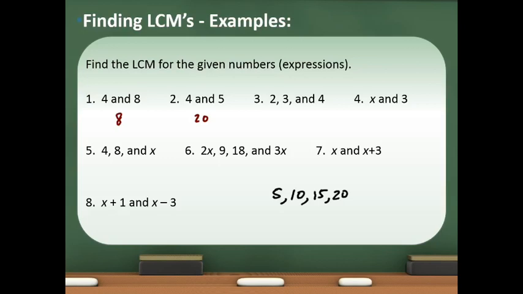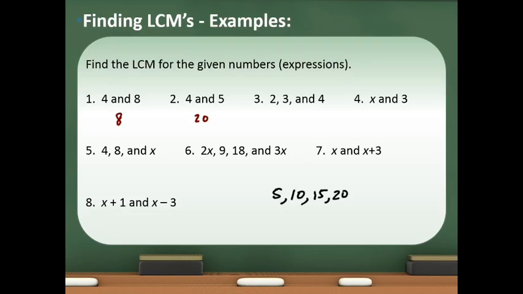Finally, we get to 20, which is divisible by 4, which means it's a multiple of 4, and it's also a multiple of 5. And so that's going to be my LCM. So basically, just start with the bigger number and look at its multiples until you find one that you can divide by the other number or the other numbers.